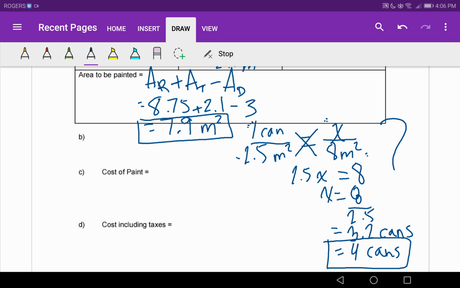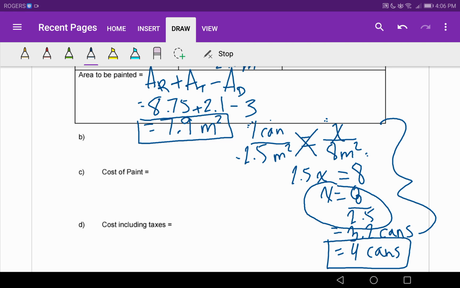I know that a lot of us will be able to just know that you should do 8 divided by 2.5 to figure out how many cans you need, right? But if you can envision that you need to do 8 divided by 2.5, use this bulletproof ratio method where you say that 1 can covers 2.5 meters squared and set that equal to X number of cans needs to cover 8 meters squared.